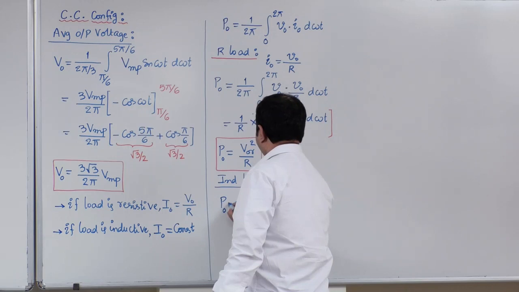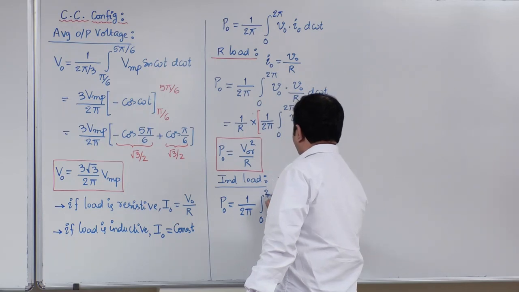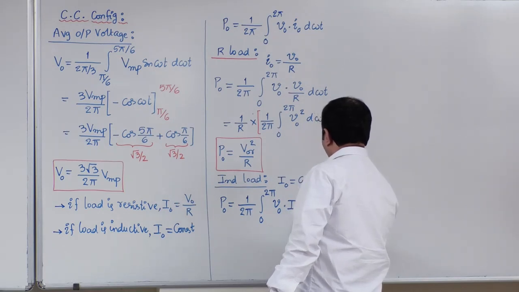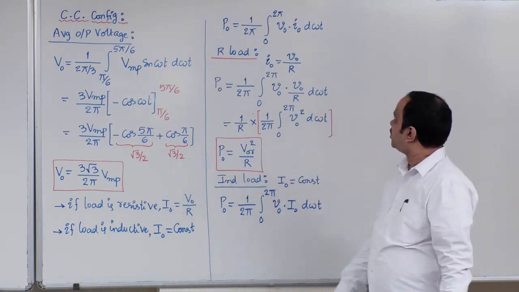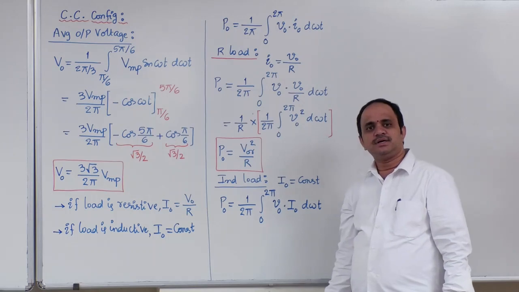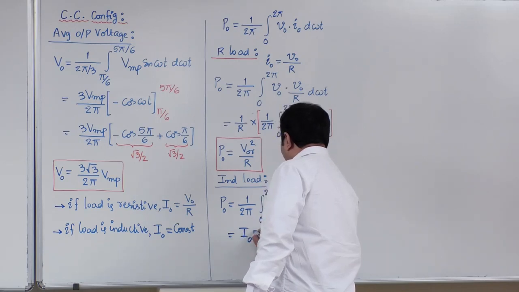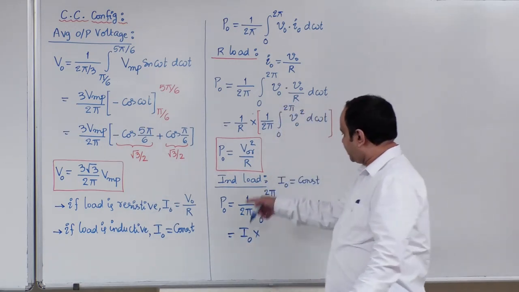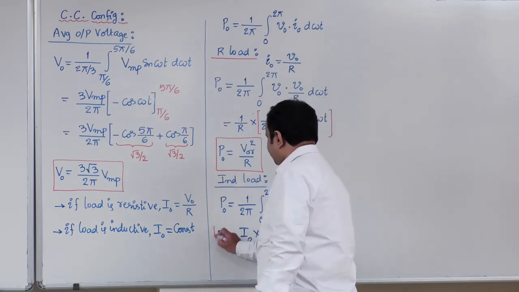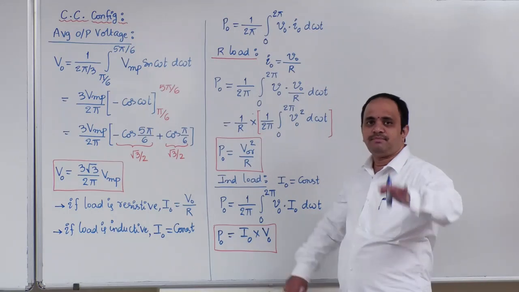Therefore, we can write P naught expression something like this: 1 by 2 pi integration from 0 to 2 pi v naught multiplied with, now observe carefully, I am replacing small i naught with a capital I naught in case of inductive load, because load current is a constant here. Therefore, if you take capital I naught outside from the integration, the remaining integration you can call it as the average output voltage.